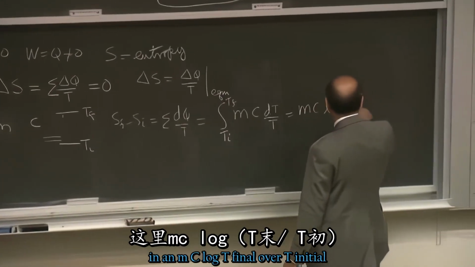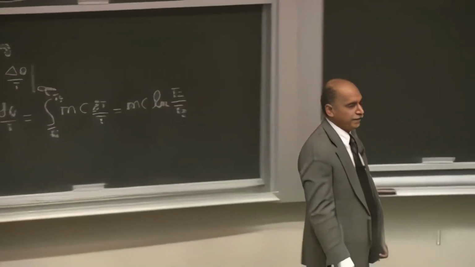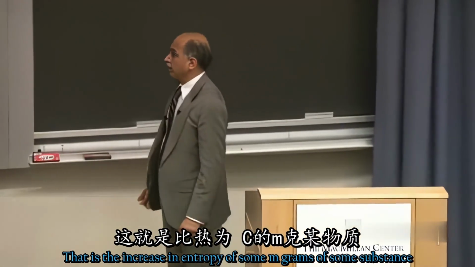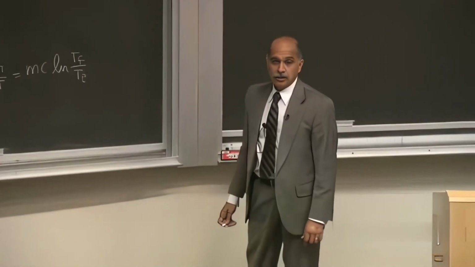It is mc log T final over T initial. That is the increase in entropy of some m grams of some substance of specific heat C that's heated from T initial to T final.